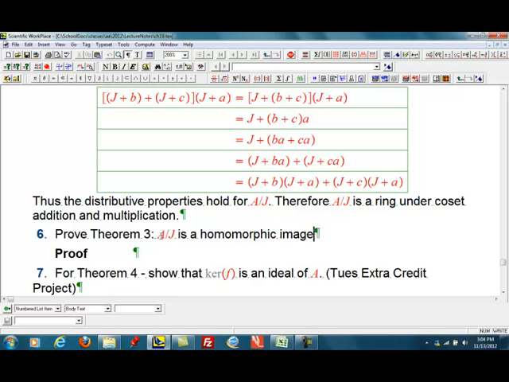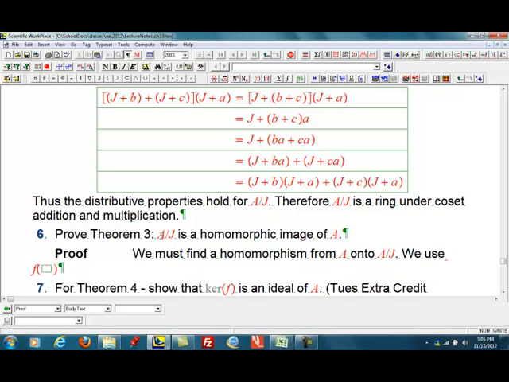How do you show something is a homomorphic image of something? Find a homomorphism that it's onto. So we must find a homomorphism from A onto A mod J. The book suggests that we use f of x to be equal to what?